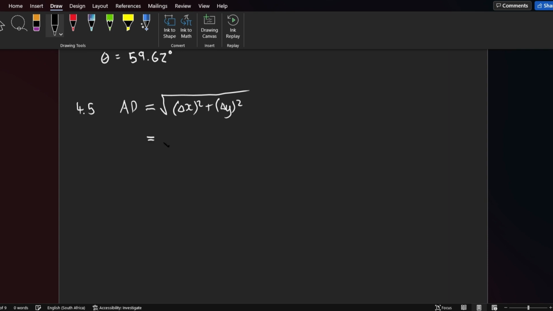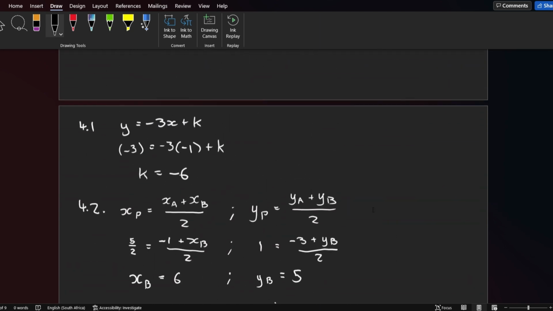So for line AD, you simply substitute the x-coordinates of A and D. The x-coordinate of D is 0 minus the x-coordinate of A, squared, plus the difference between the two y-coordinates. The y-coordinate of D is -6 minus the y-coordinate of A, which is -3. We square that, and when solving, we get the answer to be the root of 10. And they said leave your answer in surd form, so there's no need to convert it to a decimal. You shall get your 2 marks.